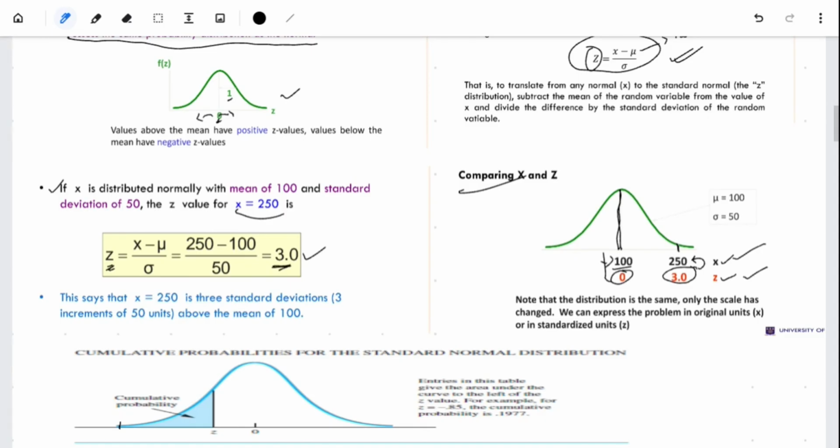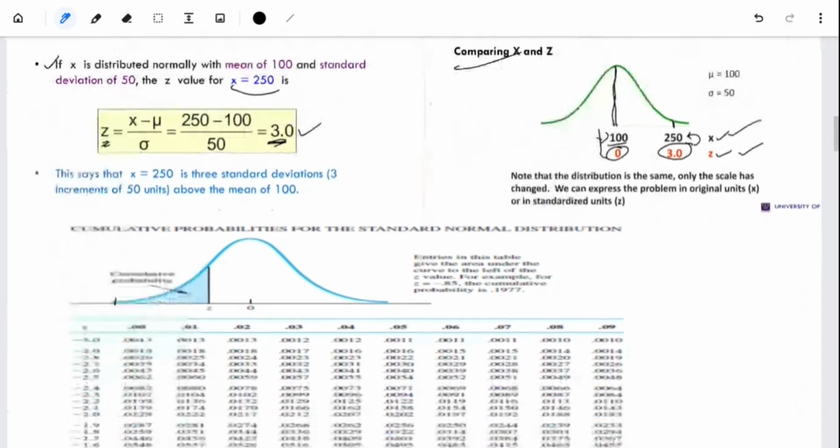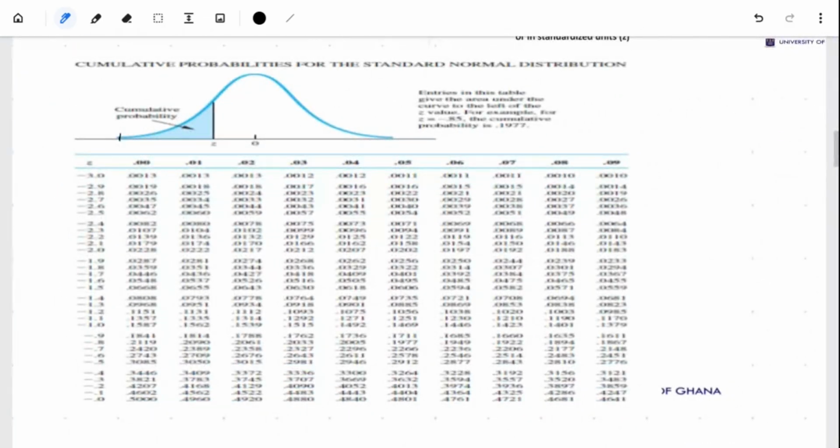So we solved our z and had 3.0, so you need to visit the z distribution table and find the probability for that 3.0. This is the z distribution table, but before we find the probabilities, I want to make some clarity here. You see this table, we have a shaded portion here which shows the cumulative probabilities.